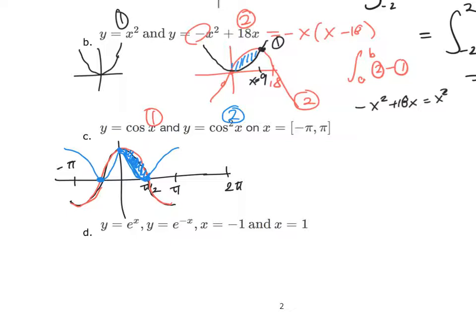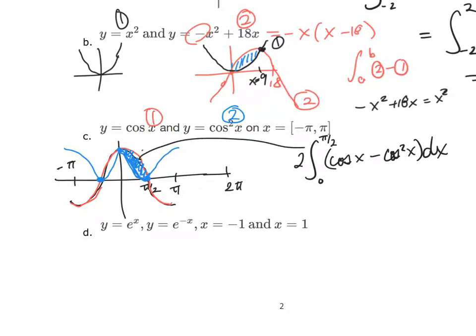So my first integration, and remember, because we have symmetry, I'm going to multiply this by 2, is I'm going to integrate from 0 to pi halves. In this region, my cosine is above my cosine squared. So I have cosine x and then minus cosine squared x dx. So that takes care of that first region.